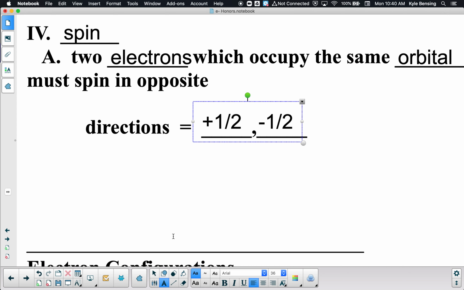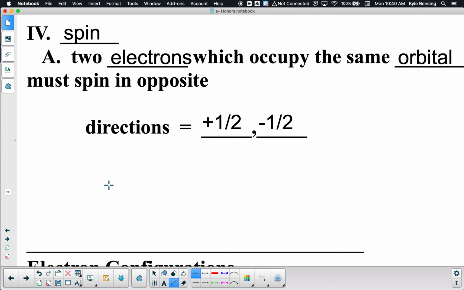So if I have an orbital, I use a line to look like an orbital like this. As a matter of fact, I'll make this one a P, and I'll have 3 orbitals together like that. Typically what I do, let me see if I can draw this for you.